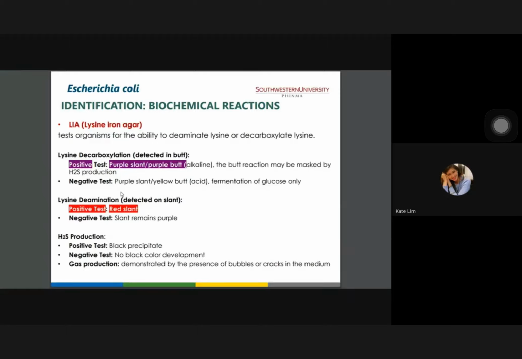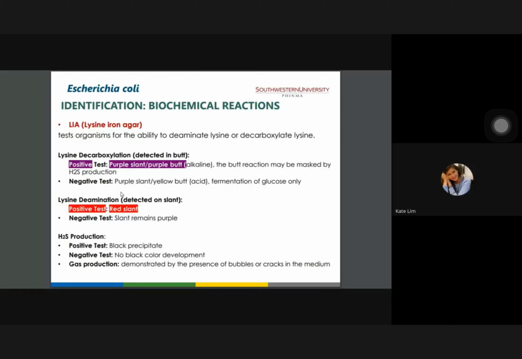Again, if the organism produces decarboxylase, cadaverine is formed. Cadaverine neutralizes the acids formed by glucose fermentation, and the butt will revert to the alkaline state. What is the color of the alkaline state in LIA? That is purple.